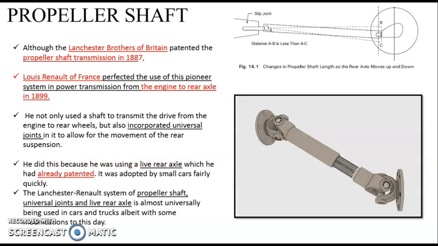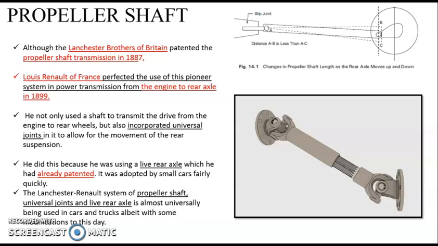reliable, and for that purpose the Lanchester brothers of Britain patented the propeller shaft transmission in 1887, but Louis Renault of France perfected the system, or we can say that he is the pioneer in power transmission from engine to rear axle.